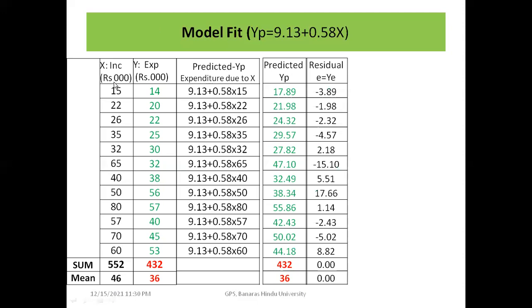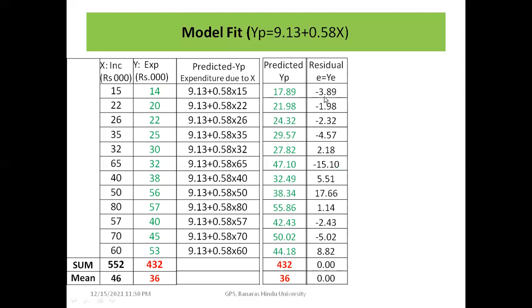Then we see how much error this model is making, how much gap there is between true and predicted. So we subtract this value from this value and it is called the residual, also called the random part of the prediction. If you sum this random part, its sum will be 0, and the mean will be 0.